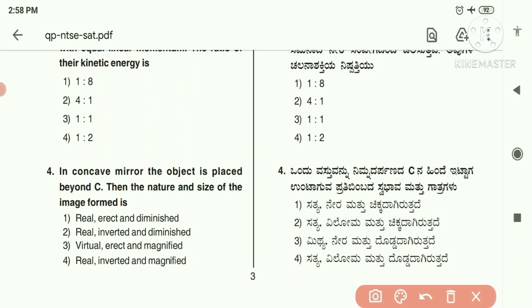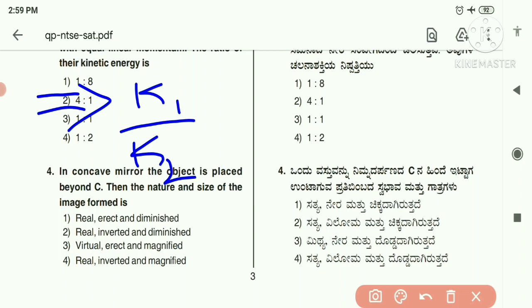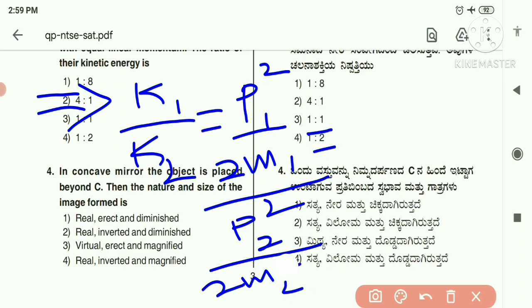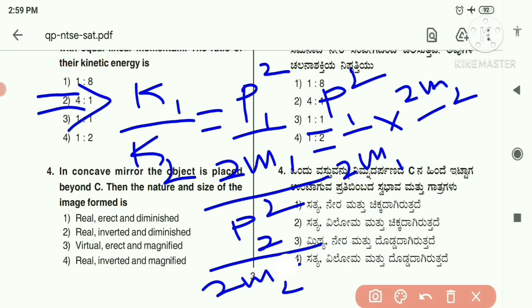Now you can write like this: K1 divided by K2 equal to P1 whole square divided by 2m1, divided by P2 square divided by 2m2. Now it becomes reciprocal: P1 square divided by 2m1, into 2m2 divided by P2 square.